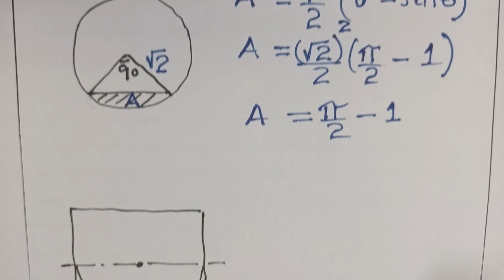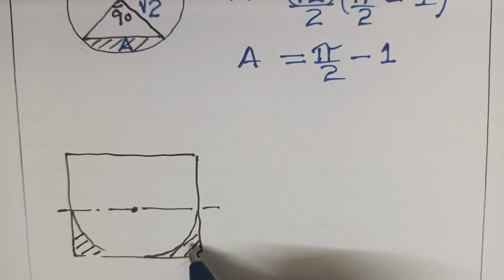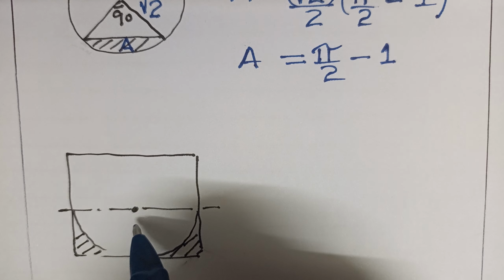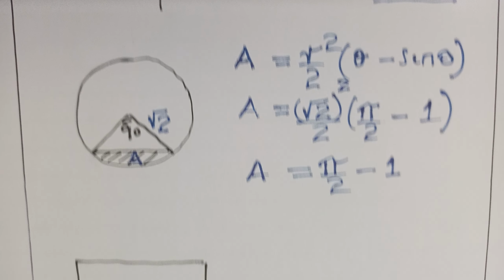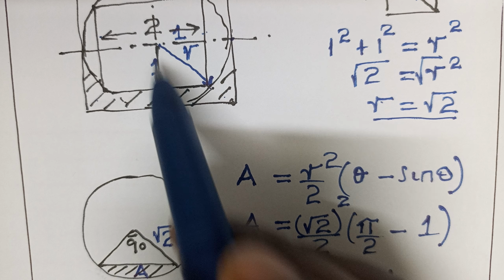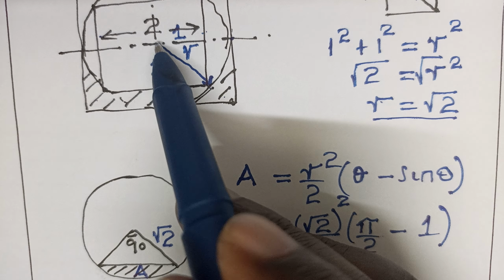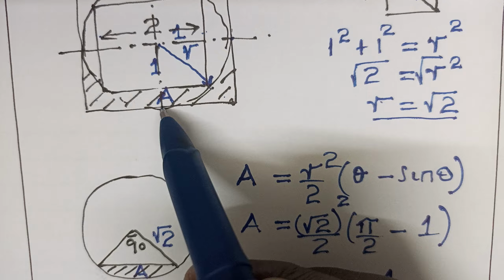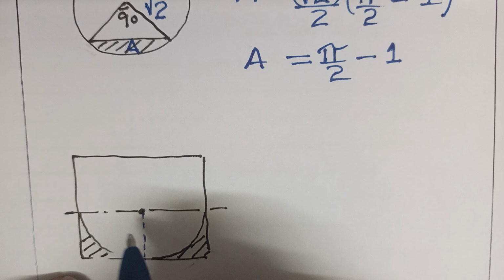And now coming to this other one, we want to find the area of this portion. And so now guys, we come here, whereby this distance from here to here is supposed to be the radius, from this point up to this point. This is now going to be the radius, which is square root of 2.